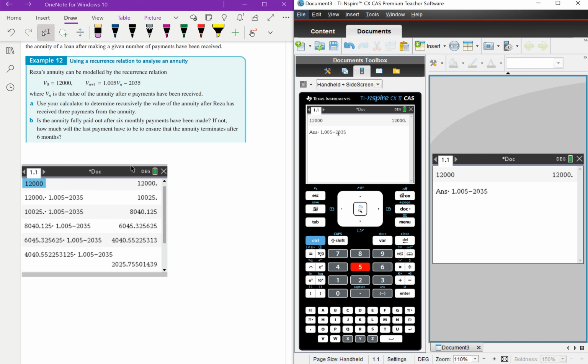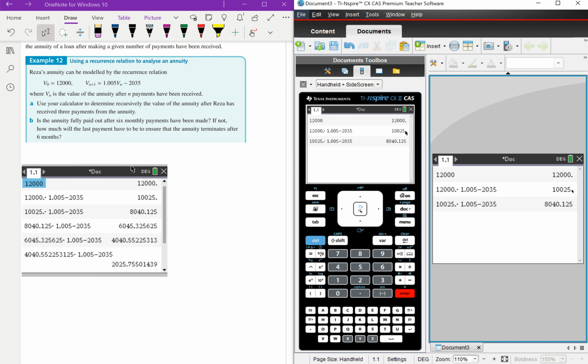But because of that, the bank no longer has that $2,035. True? So that $2,035 they've taken away from the $12,000 you gave to them. So now they still hold on to $10,025 of Reza's money. That's after 1 month. After the second month, press enter.